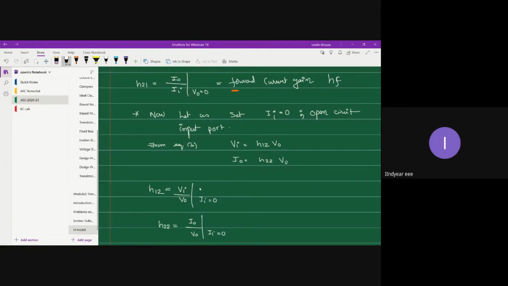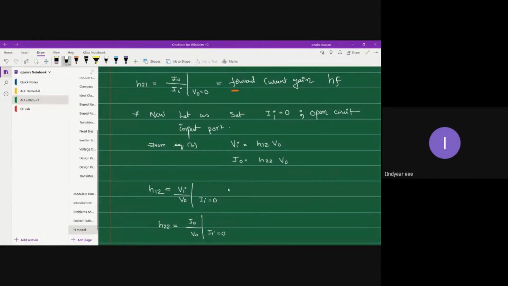Now, if you look at H12, what is it? It is the voltage ratio, right? But it is not the conventional voltage ratio. Conventional voltage ratio is always the output voltage to the input voltage, whereas H12 gives the ratio of input voltage to output voltage.